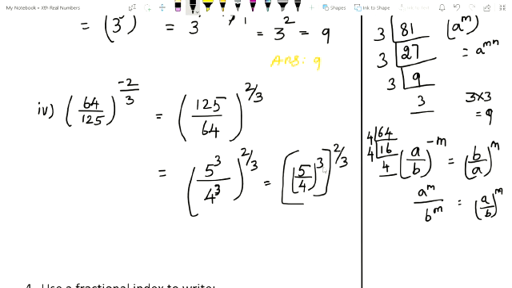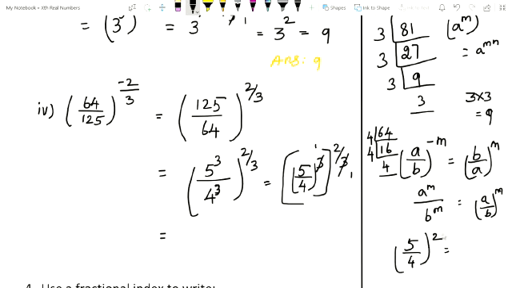Now I already told you here two powers are there. a power m whole power n means what you will do? We have to multiply this. So what we will get? The 3, 3 cancel. Now what is there? 5 by 4 the whole square. It means, 5 by 4 the whole square means what?